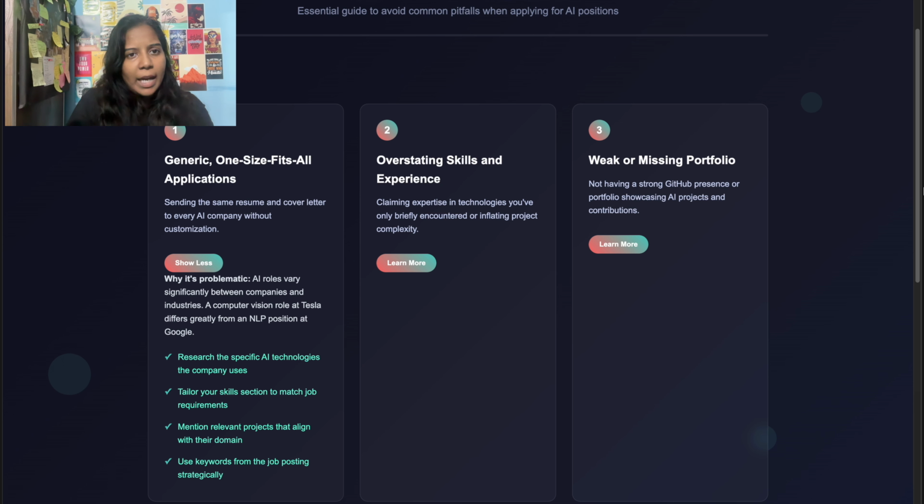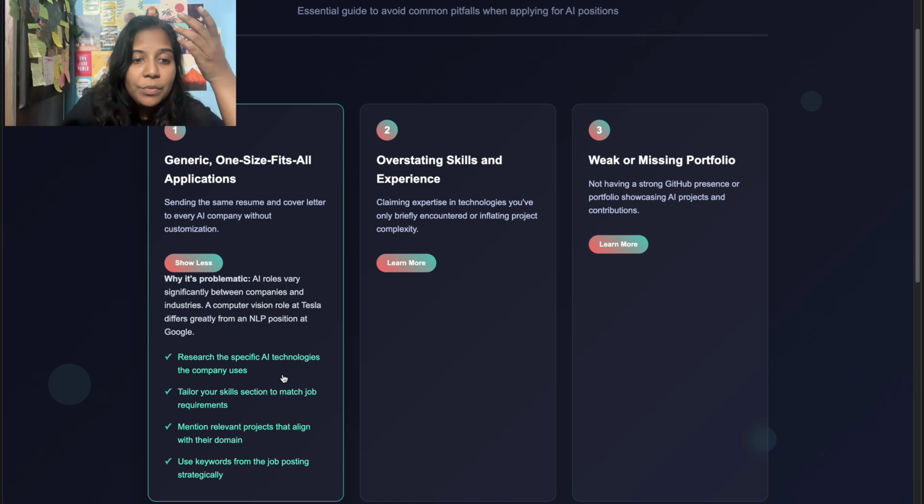They just search for the required fields. Okay, the person should have 4 plus years of experience in this, this, this. So your resume should be on top of that if you're merging your resume with the actual description. So that's how it works.